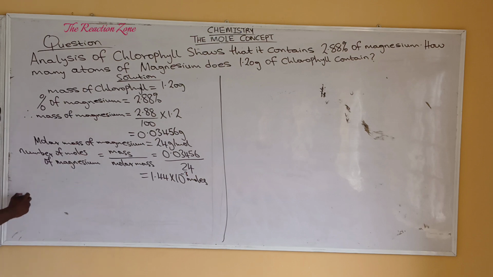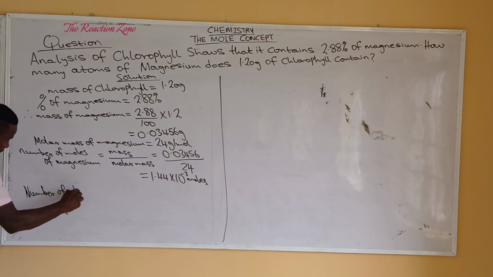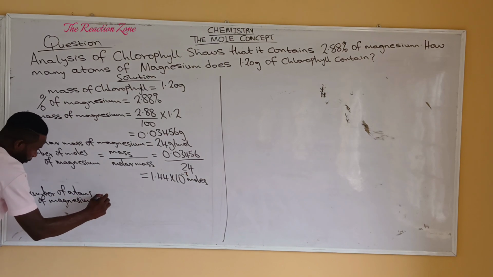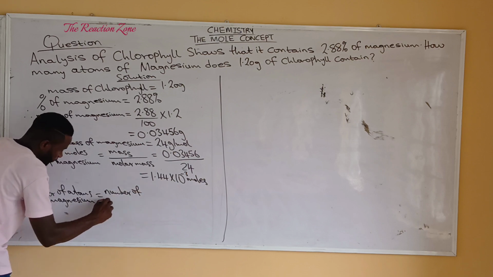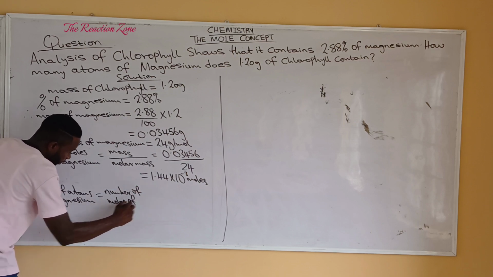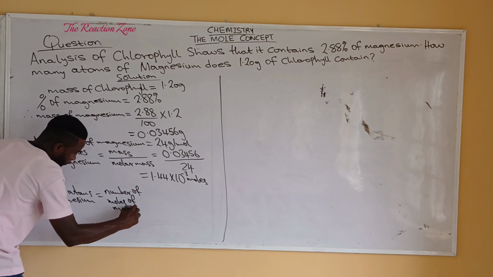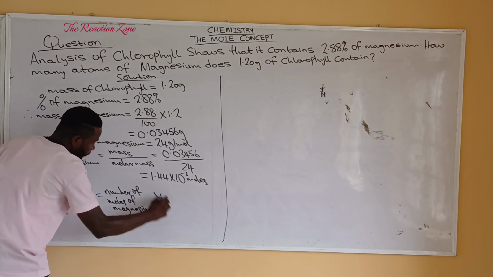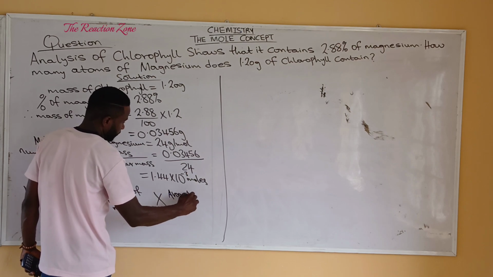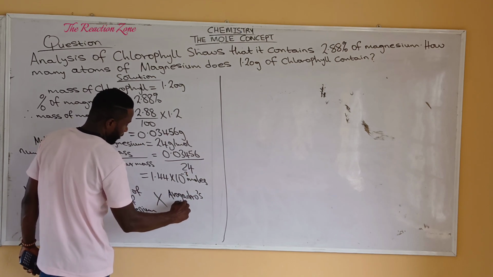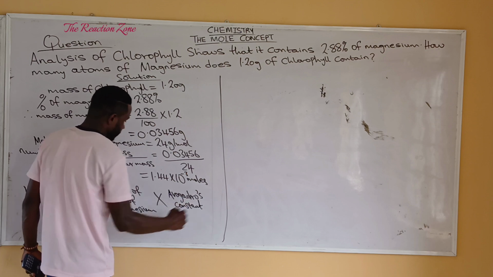Now that we know this, we can find the number of atoms. The number of atoms of magnesium is going to be equal to the number of moles of magnesium multiplied by Avogadro's constant.